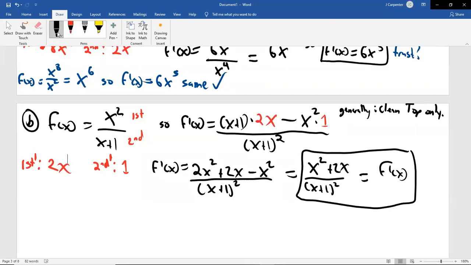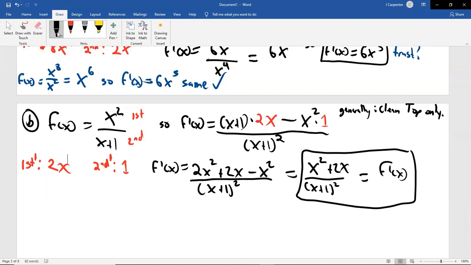Now, I can't go through and verify this one, unfortunately. I can't do the blue stuff because this is a more complicated rational function than that one. It's above our pay grade to divide this up front. You'd need long division, which you were taught in pre-calculus.